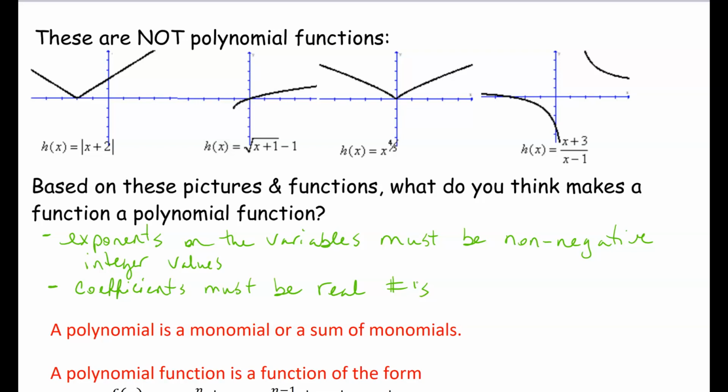So if you'll notice, the ones that are not polynomial functions, we've got absolute values in there, we've got radicals in there, we have rational exponents, like that 4/5, and then in h of x, that's a division problem. Okay.